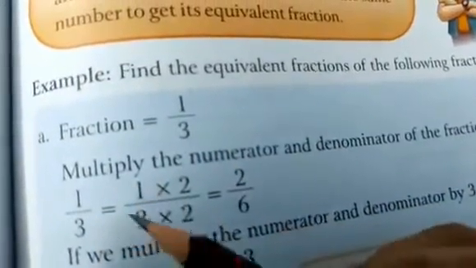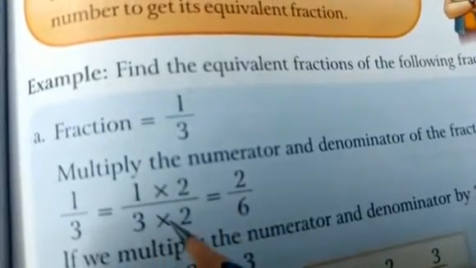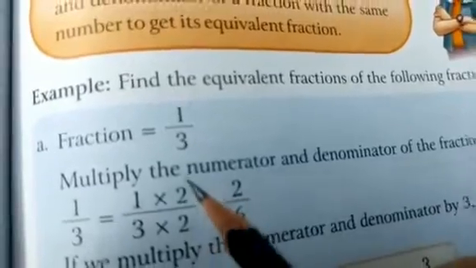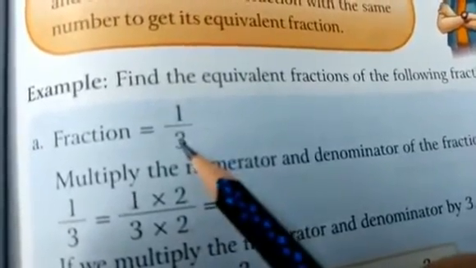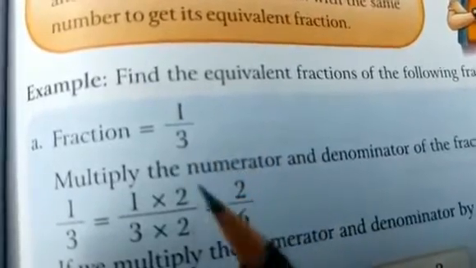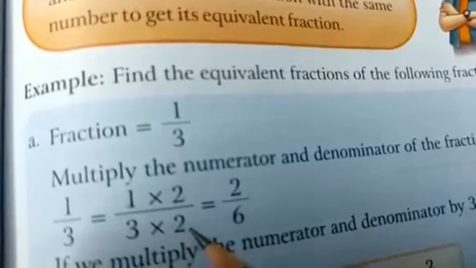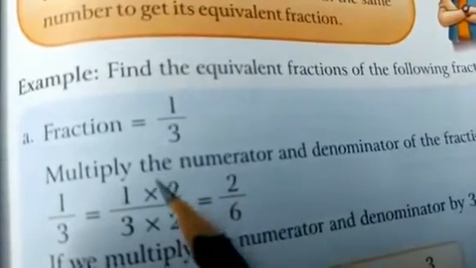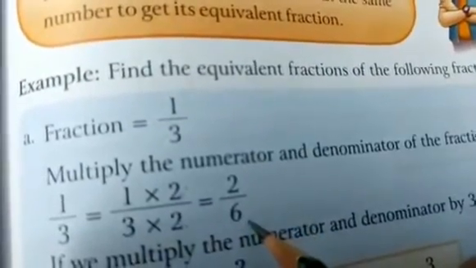So 1/3 into 2, 3 multiplied by 2. Okay, you can multiply by any number with this fraction, but the thing is that you have to multiply the same number in numerator and the same number in denominator. 2 1s are 2, 3 2s are 6.